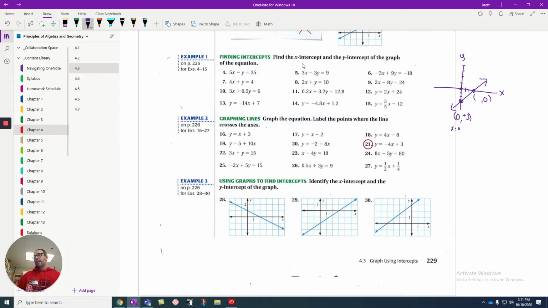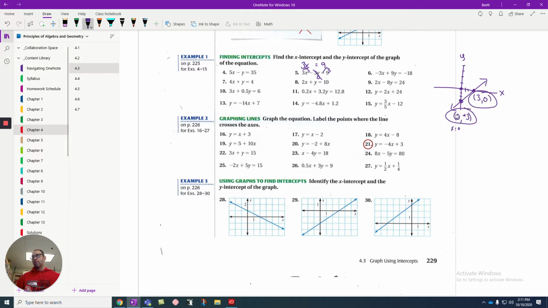So in the same exact problem, I'm now going to have 3x minus 3y, but since y is 0, all of that goes away. 3 times 0 is 0. I don't need it anymore. And that equals 9. The same thing that we need to do to solve for x, we'll just divide by 3, divide by 3. And in this case, we get a positive 3, 0. So these are our 2 ordered pairs.